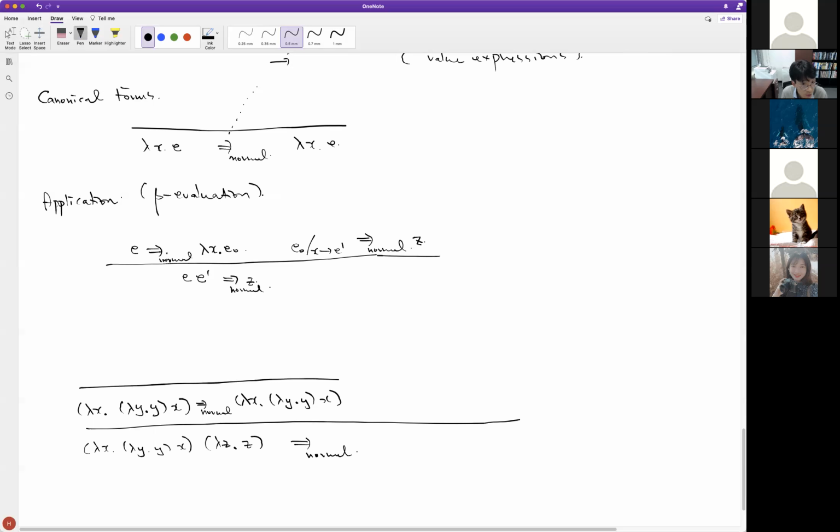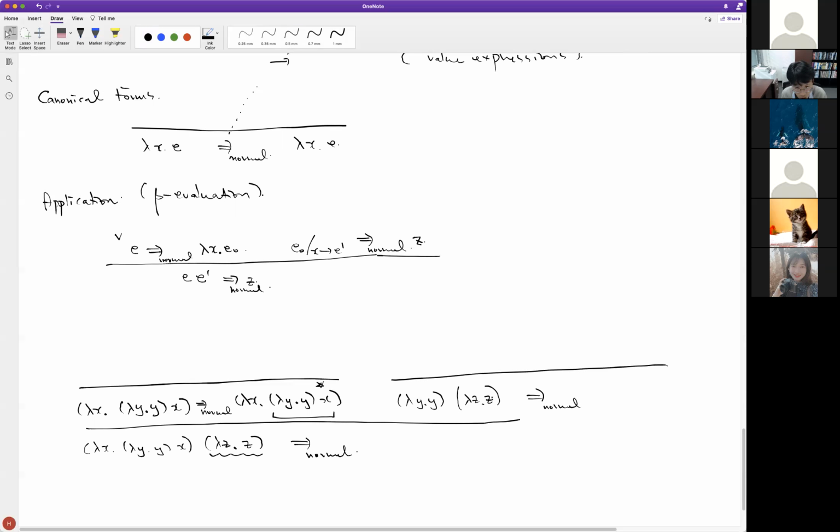That's why we got it in the first step. And then the second part of this rule tells us to take the body and replace x by its parameter, which is lambda z dot z. When we do so, we will have lambda y dot y, lambda z dot z. So we have to do the evaluation again for this.